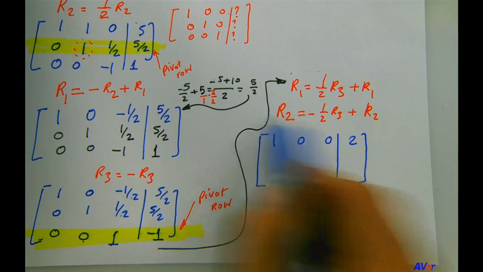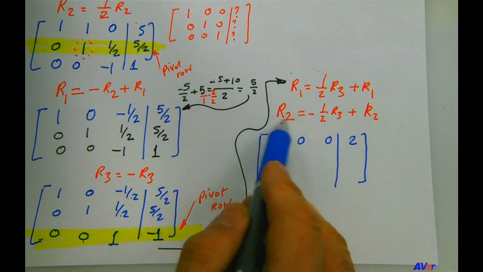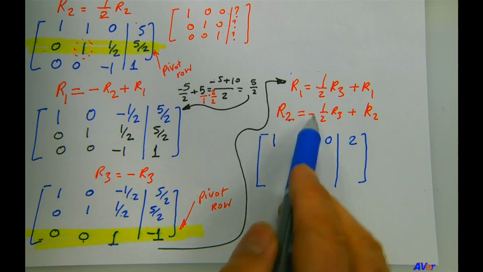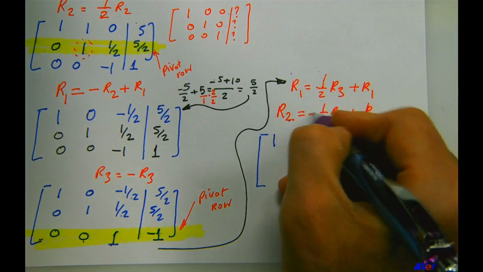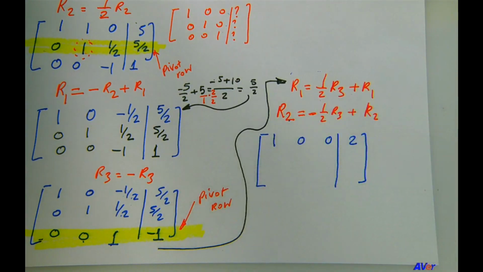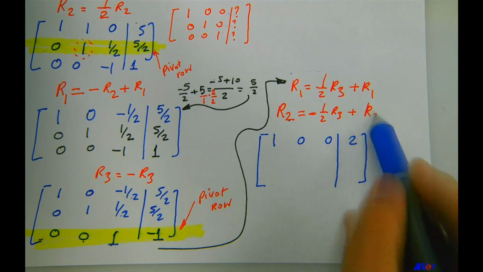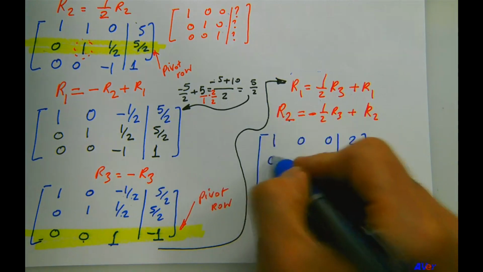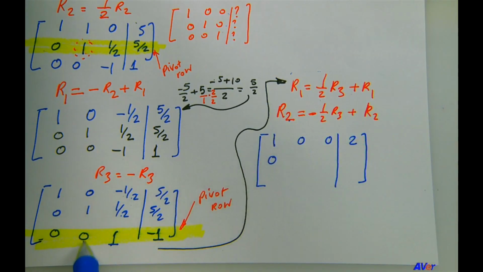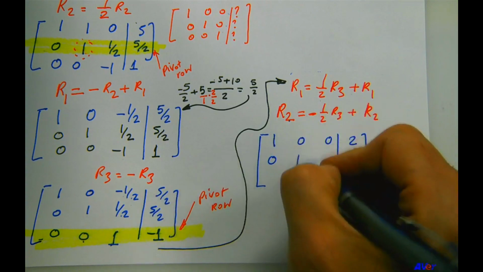Now let's carry out the second row operation, which changes row 2. This one says multiply row 3 by negative 1/2 and then add the result to row 2. So let's do that. Minus 1/2 times 0 is 0, plus 0, 0. Minus 1/2 times 0 is 0, plus 1, 1.